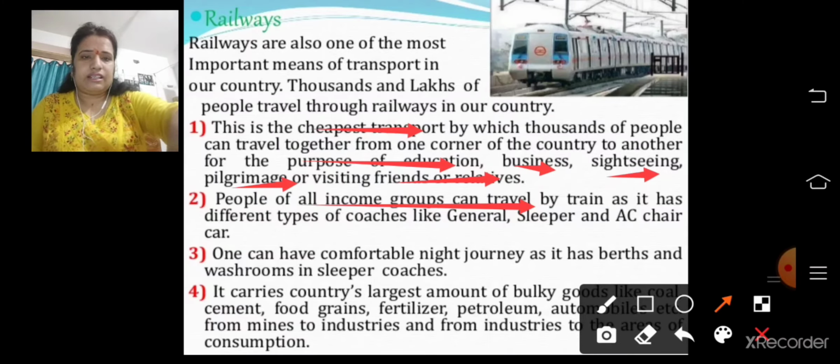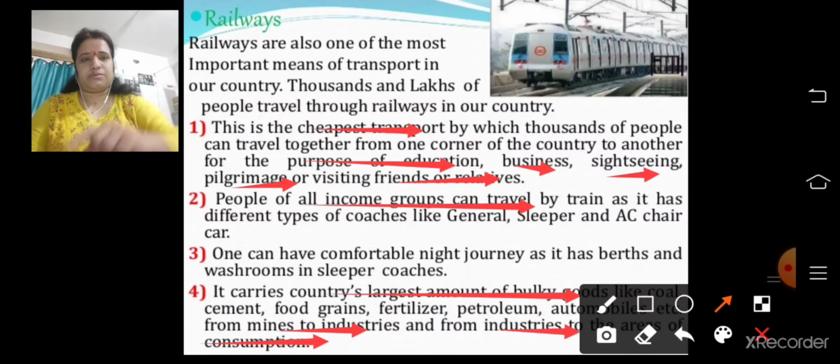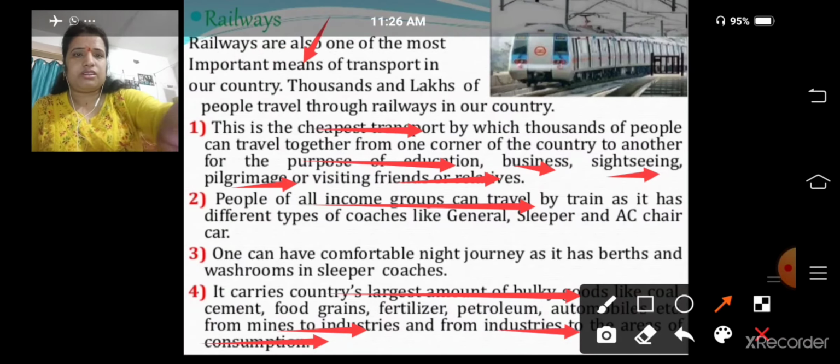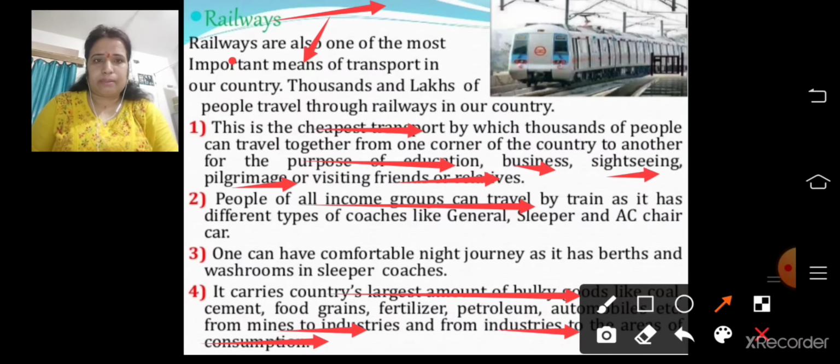And it carries the country's largest amount of bulky goods, raw material from mines to industries and from industries to market for consumption. So in this way, railway transport is also very important. Okay class, first we have done roadways, second is railways.